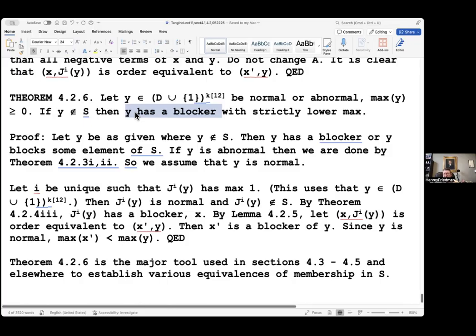So the reversal can be done in RCA naught. And then I want to talk about some other things too, namely that as the dimension goes up, the logical strength of the statement that we're reversing goes up through SRP.